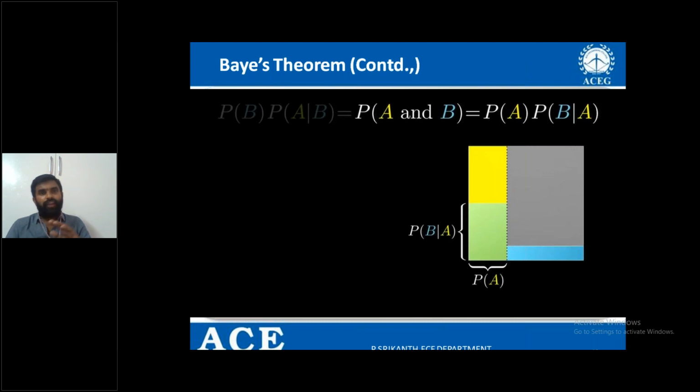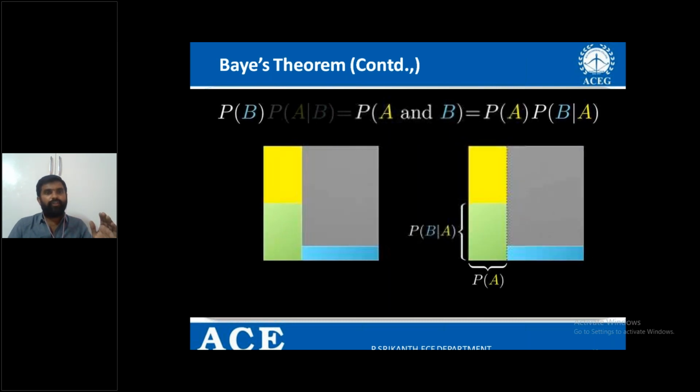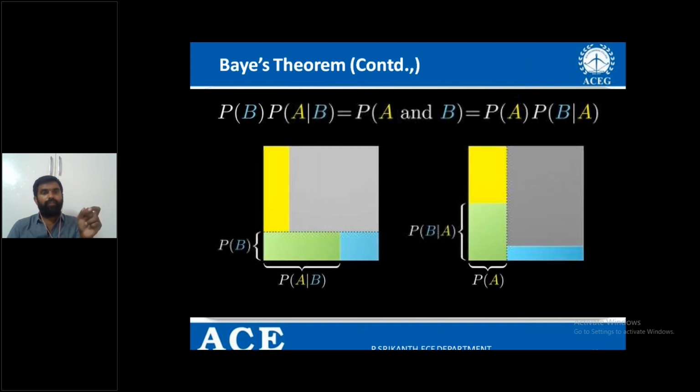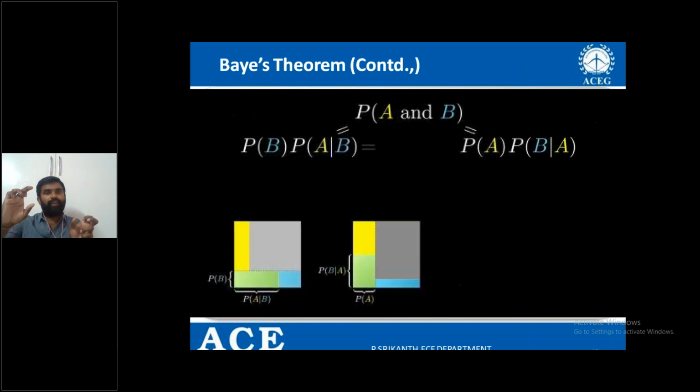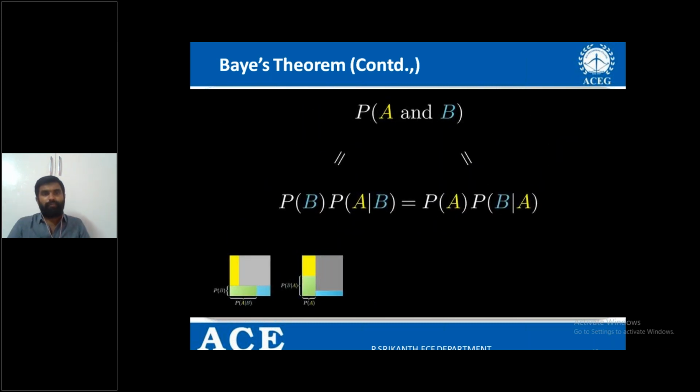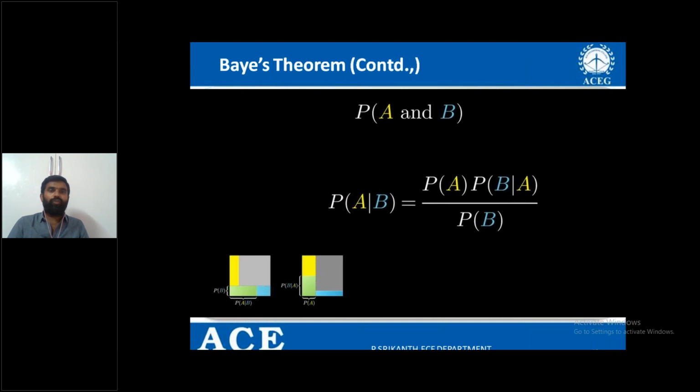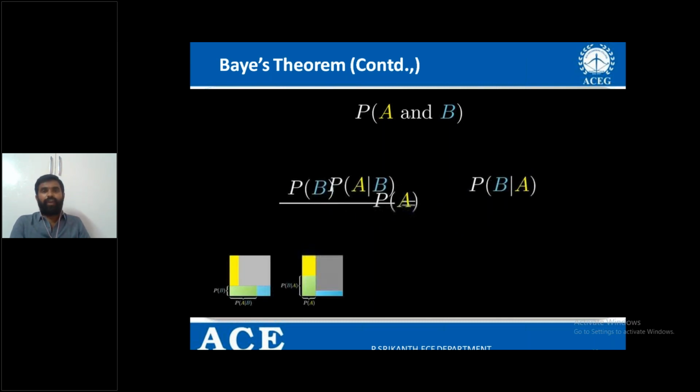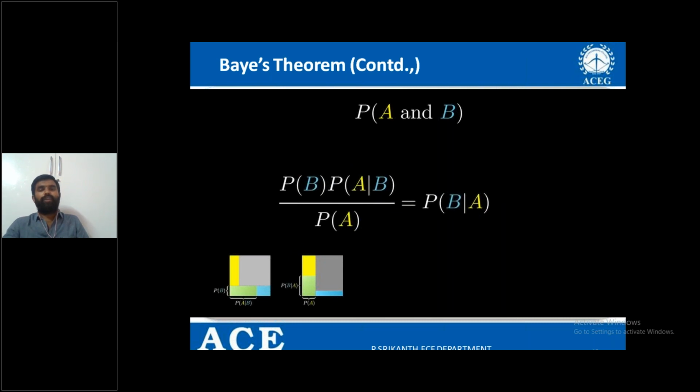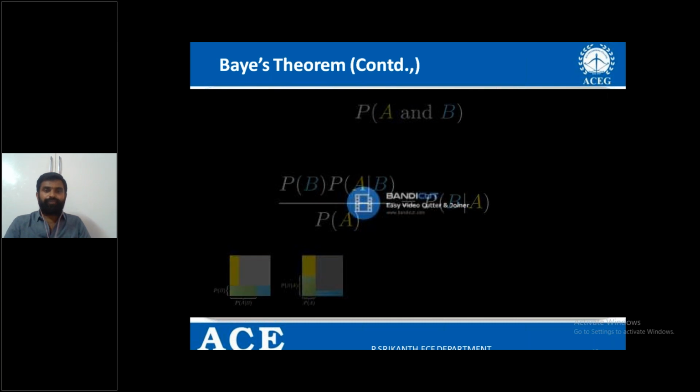And similarly I can take this left side also, but here P of B is the below probability and P of A given B is this one. But if you observe the two portions, one is vertical, the other one is horizontal, but both are the same. Therefore, this relation is valid for all A and B. And if you know one conditional probability, you can find the other conditional probability, right?